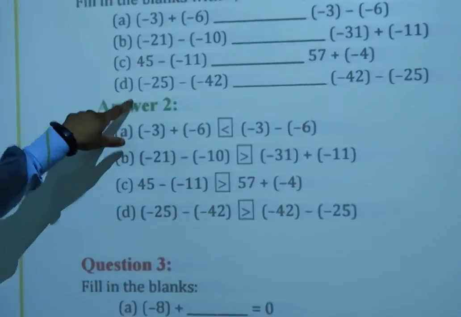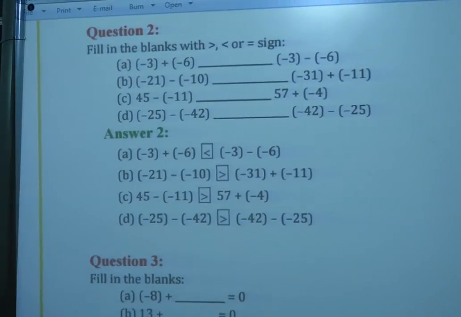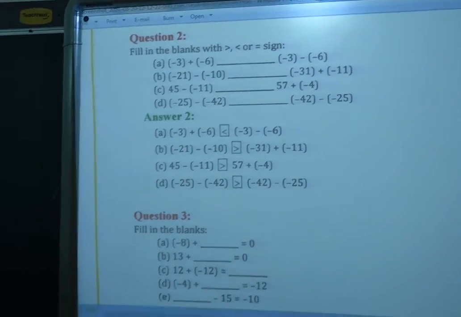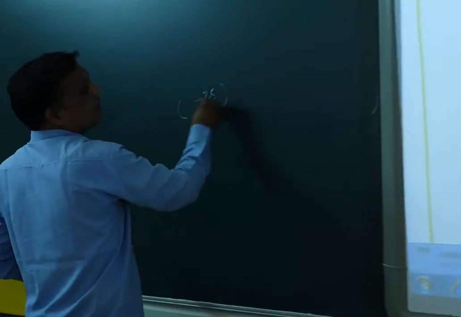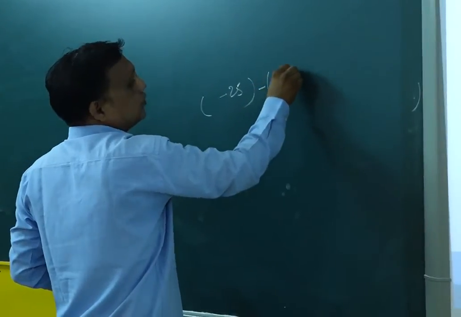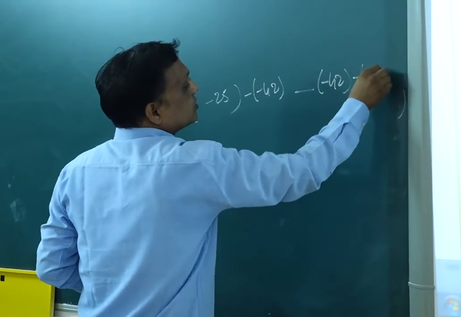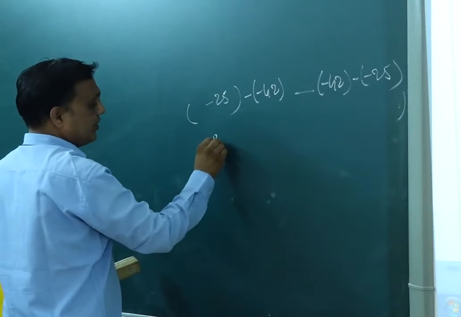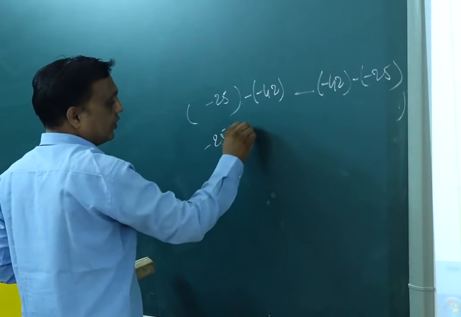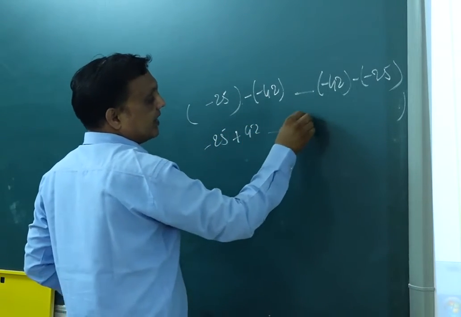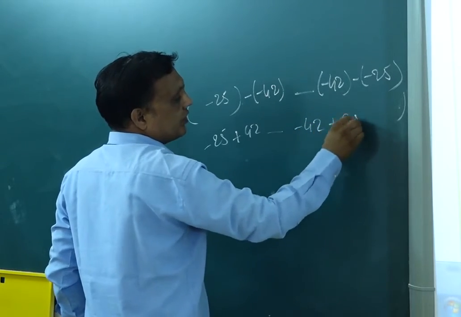Now next, last one. Minus 25 minus 42, dash, minus 42 minus 25. So minus 25 as it is, minus plus 42, dash, minus 42 minus plus 25.